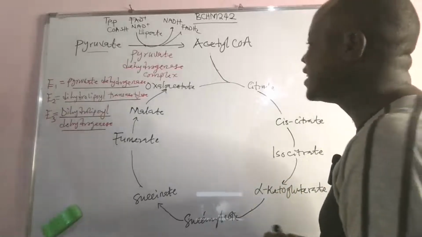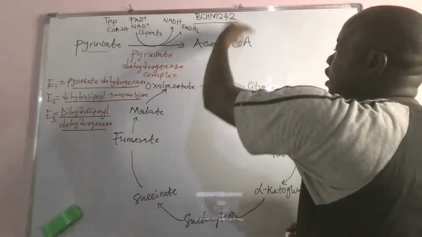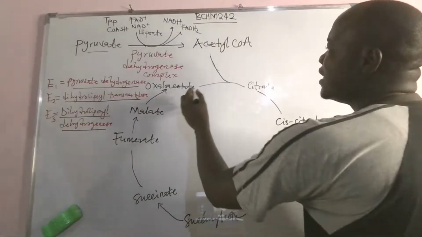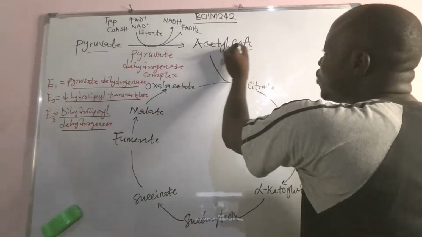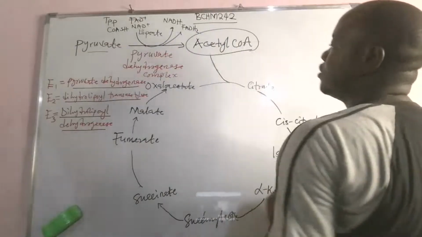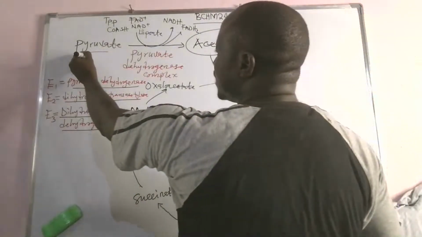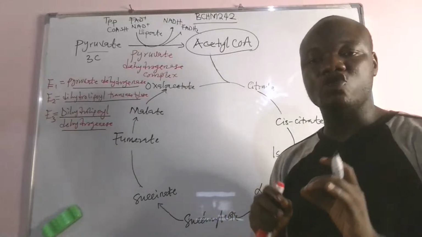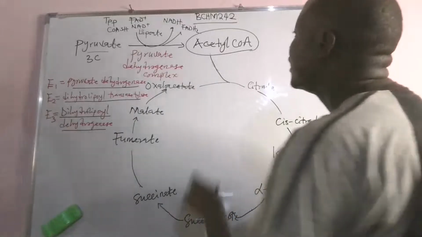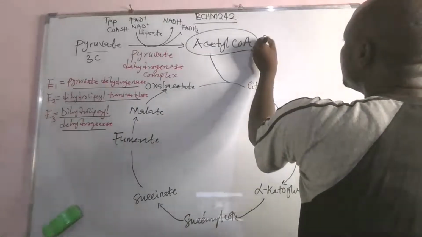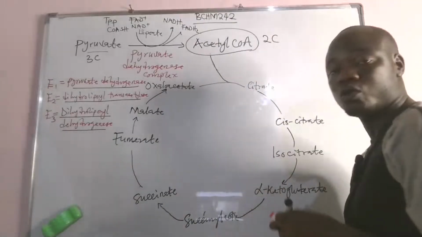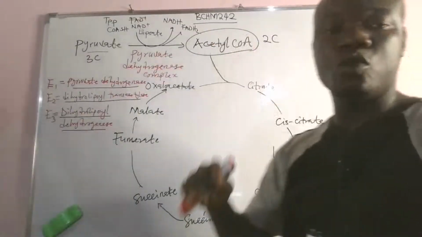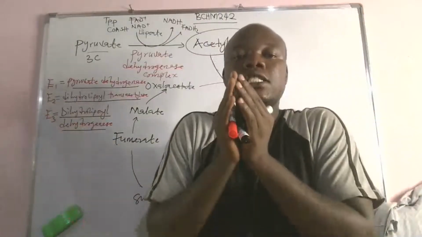So then the next thing, after you generate acetyl-CoA, what happened? As you see from here, pyruvate is a 3-carbon compound, and then acetyl-CoA is a 2-carbon compound. So oxaloacetate and acetyl-CoA will condense themselves.